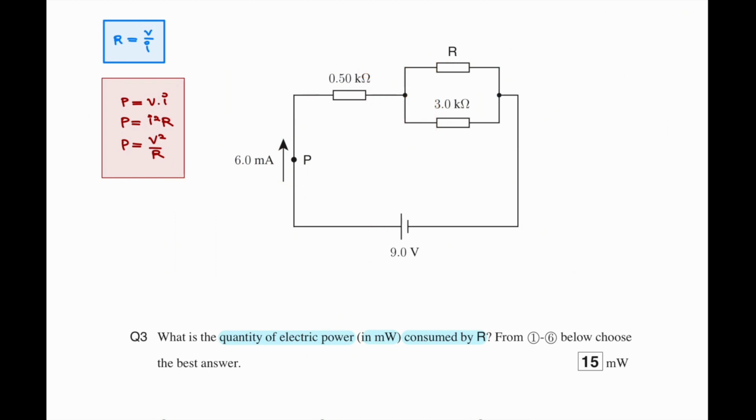So we need to analyze the circuit first. First of all, since I know the current is 6 milliampere here, I know that the current that passes through the 500 ohm resistor is also 6 milliampere.